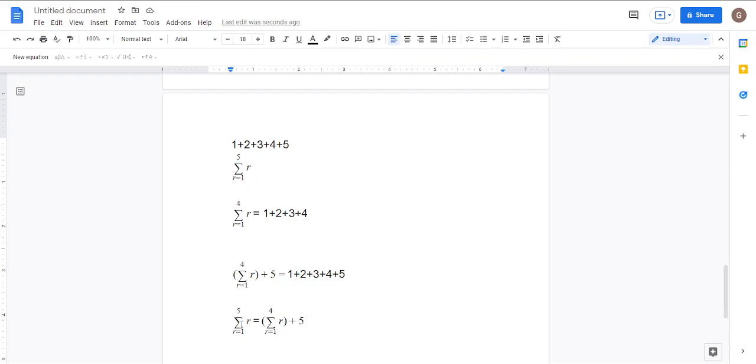So how I want you to look at it is this: let's say that 4 is n. So let me replace 4 with n wherever I see it, okay? But 5 is the same thing as 4 plus 1, correct?